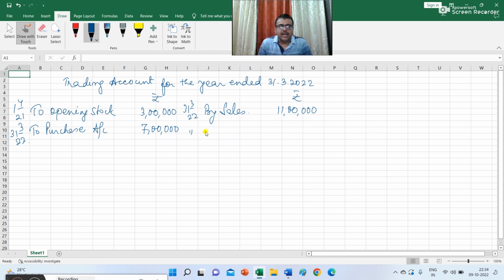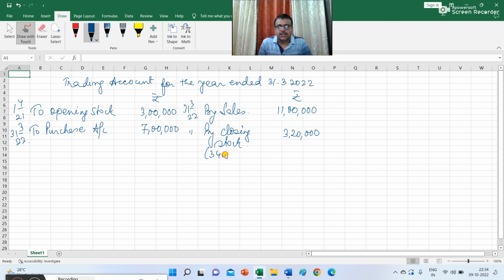And on the same day, the closing stock given is rupees 3,40,000. But in the question it is given that the value of stock on 31st March 2022 was overvalued by 20,000. So your closing stock will be taken at actual, that is 3,20,000.